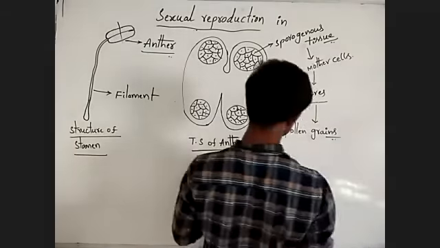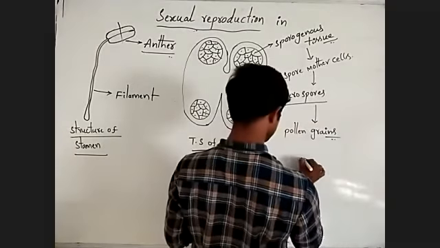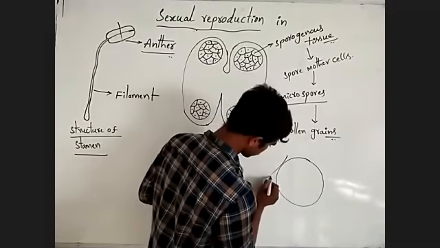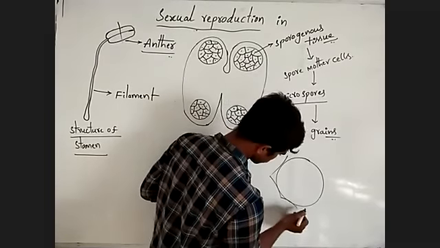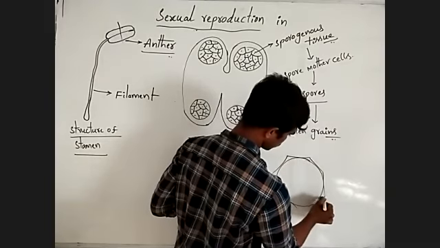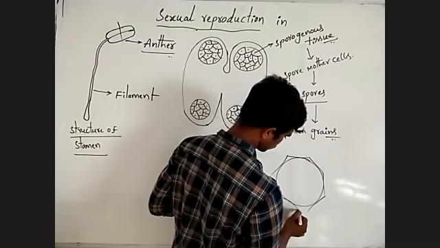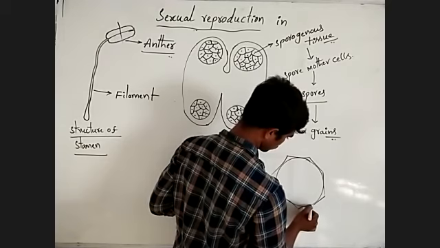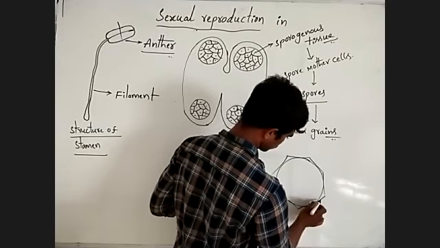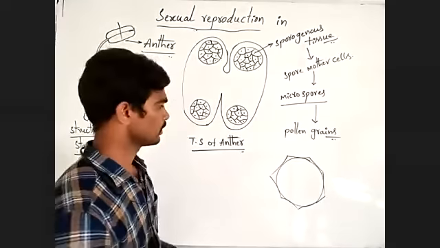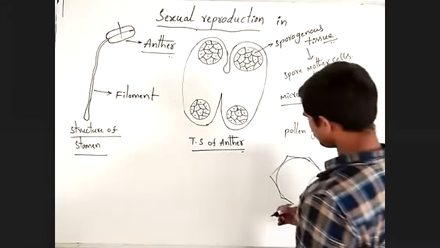When we observe the structure of pollen grains, it is surrounded by two membranes.